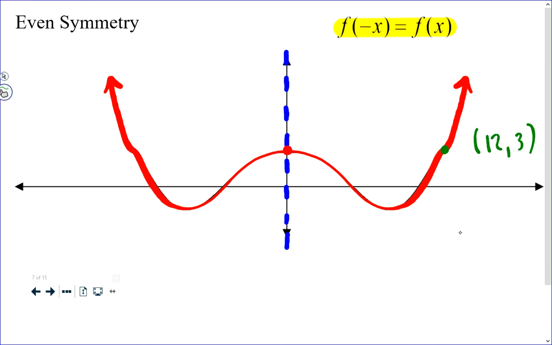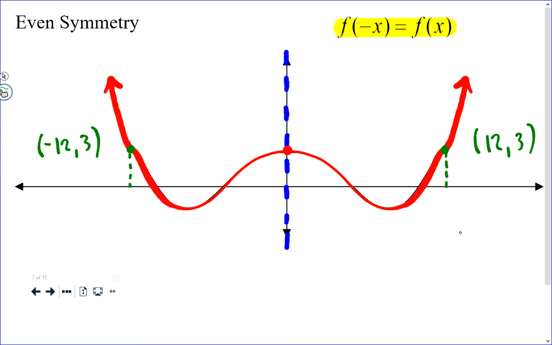And if I asked you to determine the coordinates of this point, I don't think it's a really difficult task. Because of the symmetry here, you know that the x coordinate is going to be negative 12, but the y coordinate is still 3. They both have the same y coordinate. The distance from that point away from the x-axis and the distance from this point away from the x-axis are both 3.